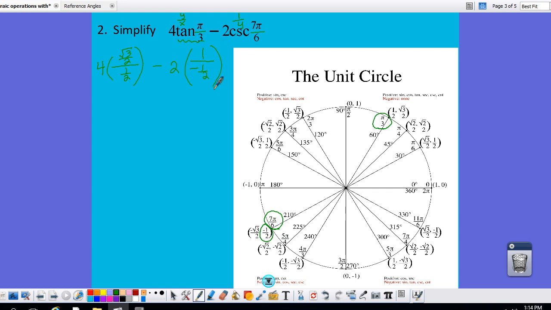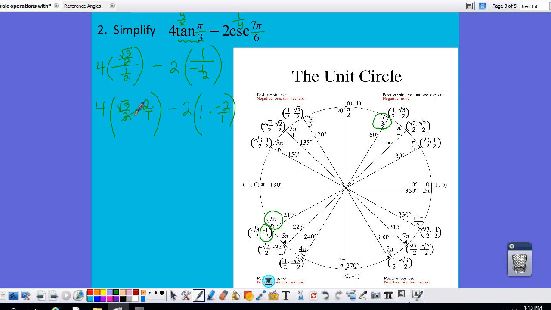Now I need to come back and fix this. I can't leave these complex fractions, so I still have my 4 out front, but we're going to keep the top, root 3 over 2, change the multiplication, and multiply by the reciprocal. And we're going to do the same thing for the other fraction. Keep the top, change the multiplication, multiply by the reciprocal.